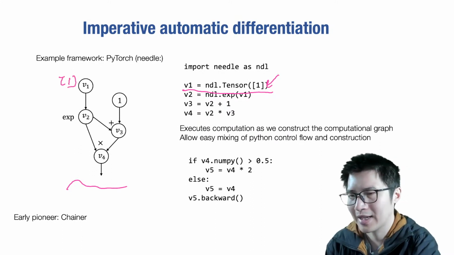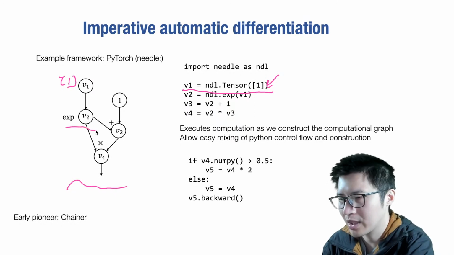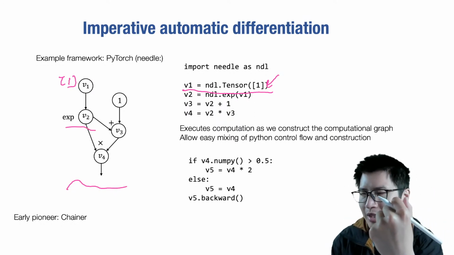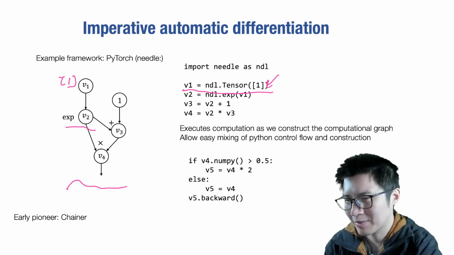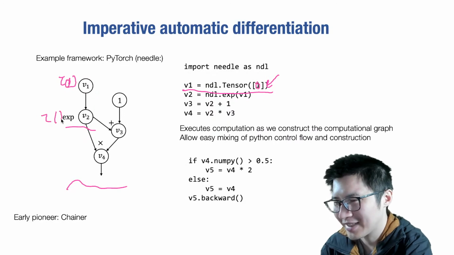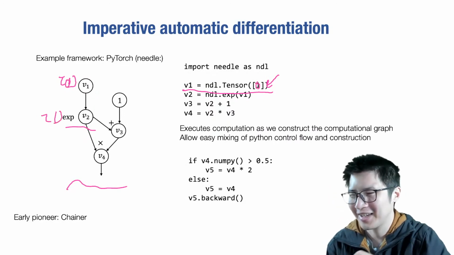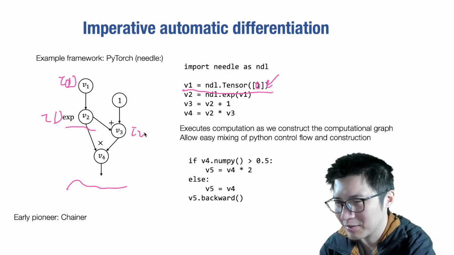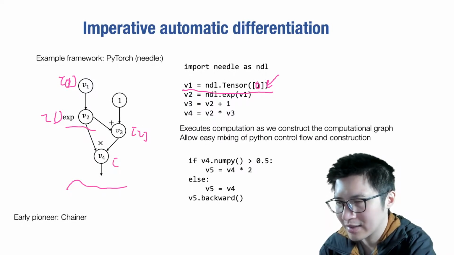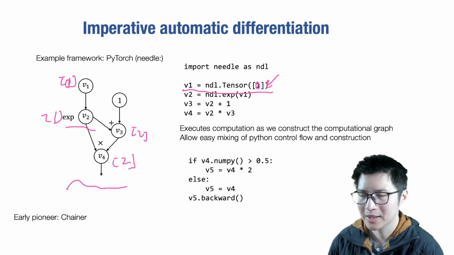And then in the next step, I not only create a computational graph node, but we are also computing exponential V1. Exponential 1 is really hard to compute, but let's imagine it is 0, and we will know that this is 1 here. And for the add, it's going to be 2, and at this point we will know that this is going to be 2 in here.